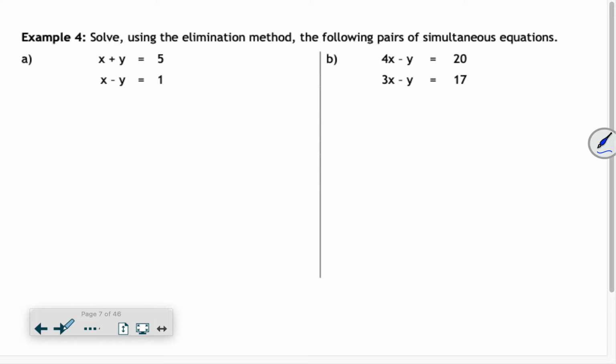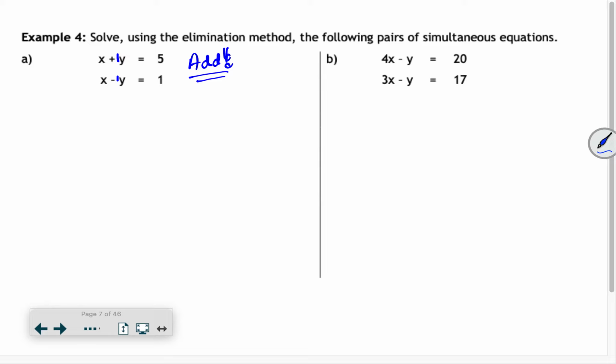So here I've got x plus 1y is equal to 5, and I have x minus 1y is equal to 1. So if I've got a plus and a minus of the same number, if I was to add these two equations together, I can eliminate them.